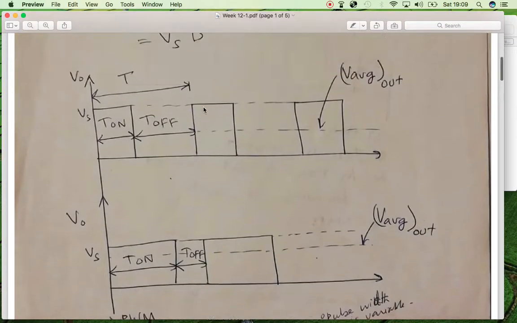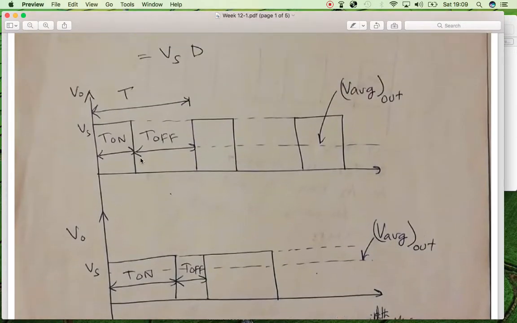We have a supply voltage at the left hand side and a load at the right hand side, and in between we have a switch. When we switch it off for a longer duration, then small width pulses will happen over here, due to which the average voltage is up to this level.